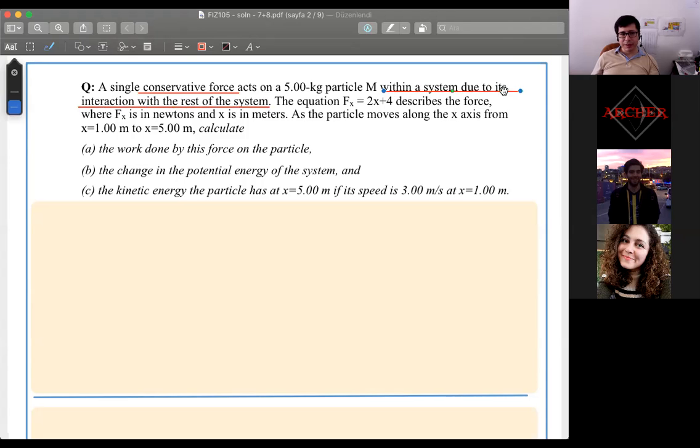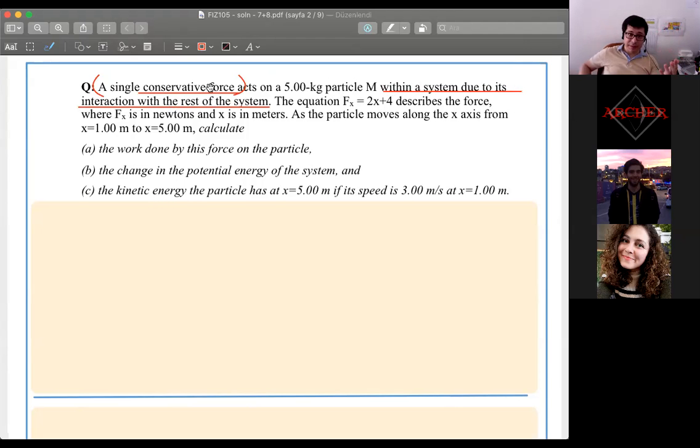We have this force. It acts on the 5 kilogram particle within a system due to its interaction with the rest of the system. This means that this force is part of the system. System is particle plus this force. Therefore, there must be, for example, a potential energy associated with this force.